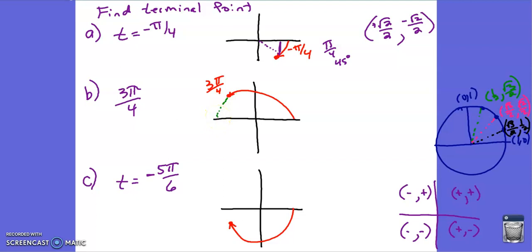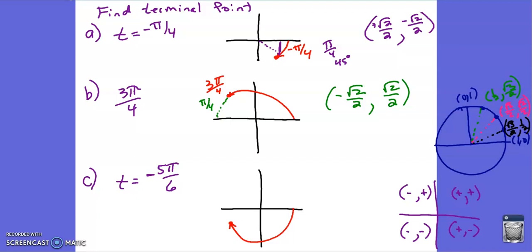This is 1/4 pi, the reference number, which is again a 45-degree angle, pi over 4, but it's in the second quadrant. So this would be negative square root of 2 over 2, and then square root of 2 over 2. Again, the second quadrant is negative for the x's and positive for the y's.